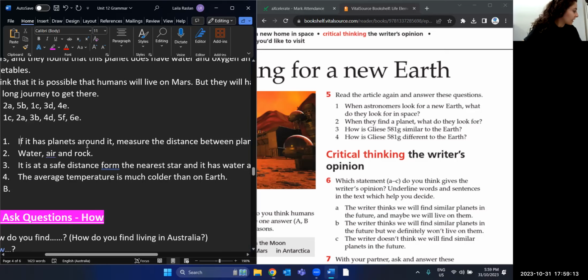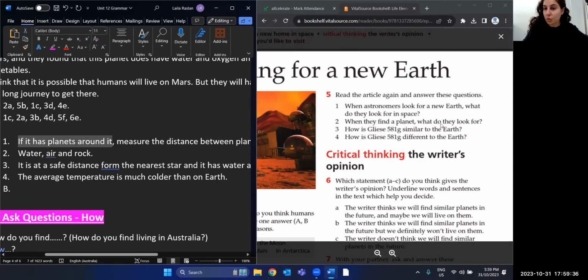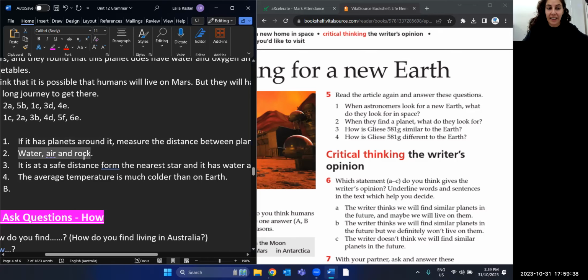Water, rock, and air. So what do they look for in space? If it has planets around it, and they measure the distance. But when they find it, I think that's from question 2. What do they look for? Water, air, and rock.